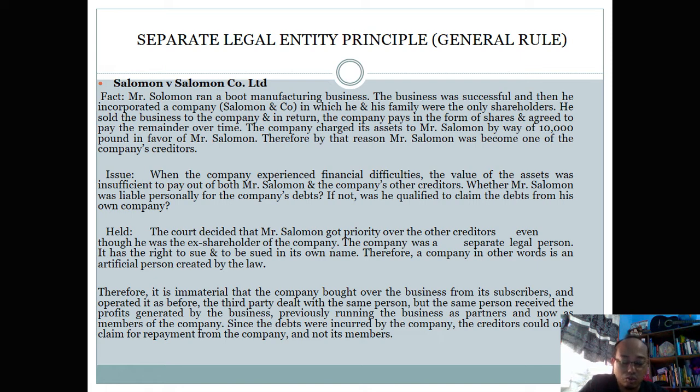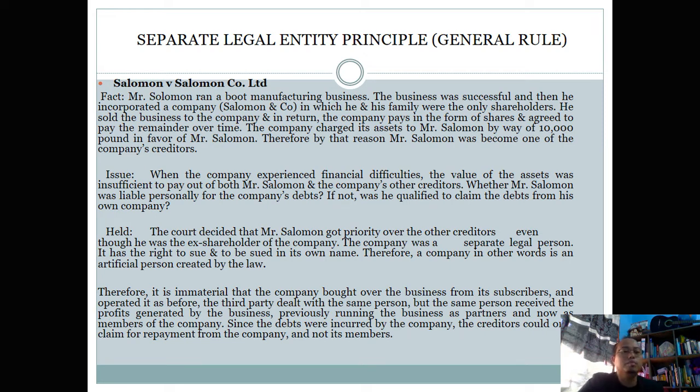Once the company has been incorporated, it will give birth to a new legal entity, meaning that Solomon and Company is another person separate from Mr. Solomon. Therefore, a company, in other words, is an artificial person created by the law.